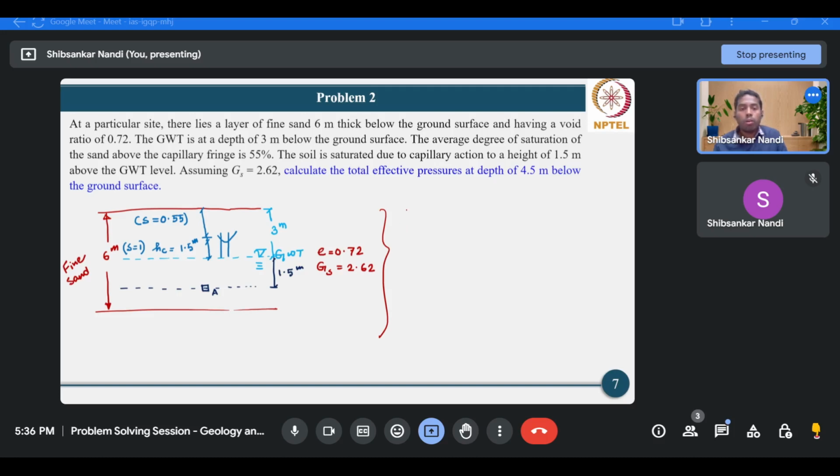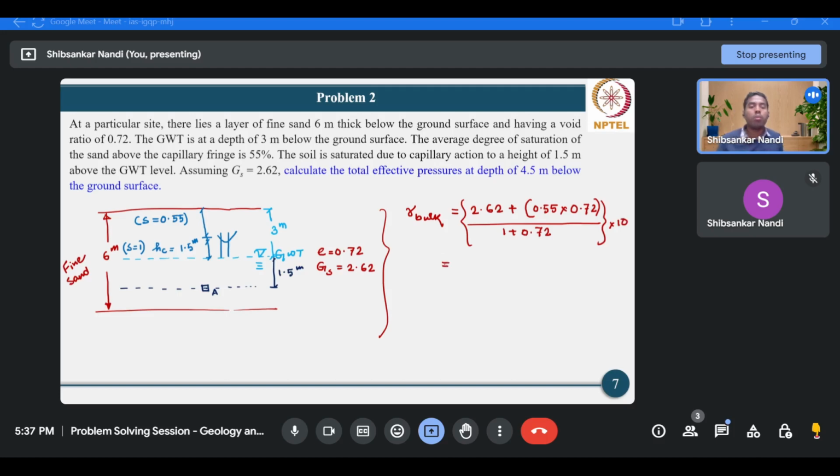So we'll calculate first the gamma bulk. So gamma bulk will be (2.62 plus the degree of saturation 0.55 multiplied by e value 0.72) divided by (1 plus 0.72), multiplied by gamma w, that is 10.